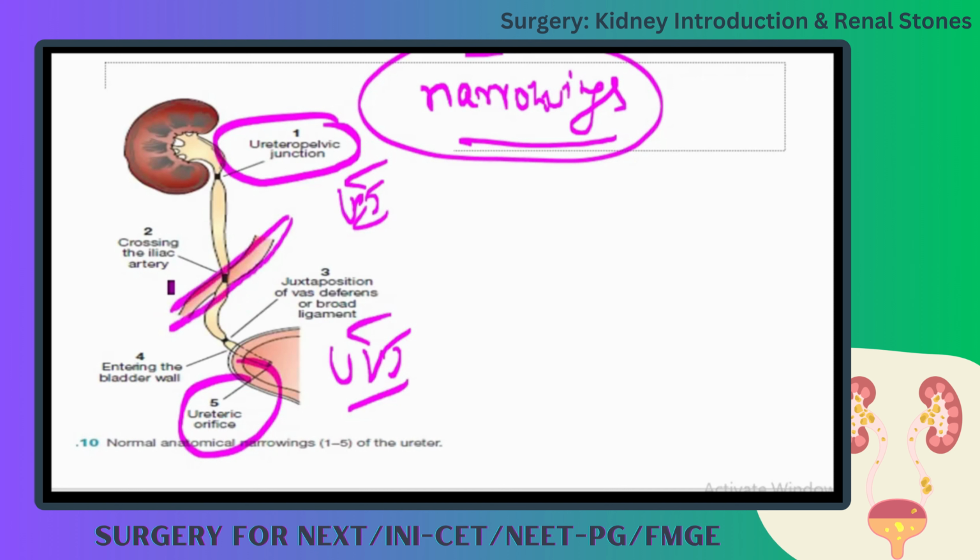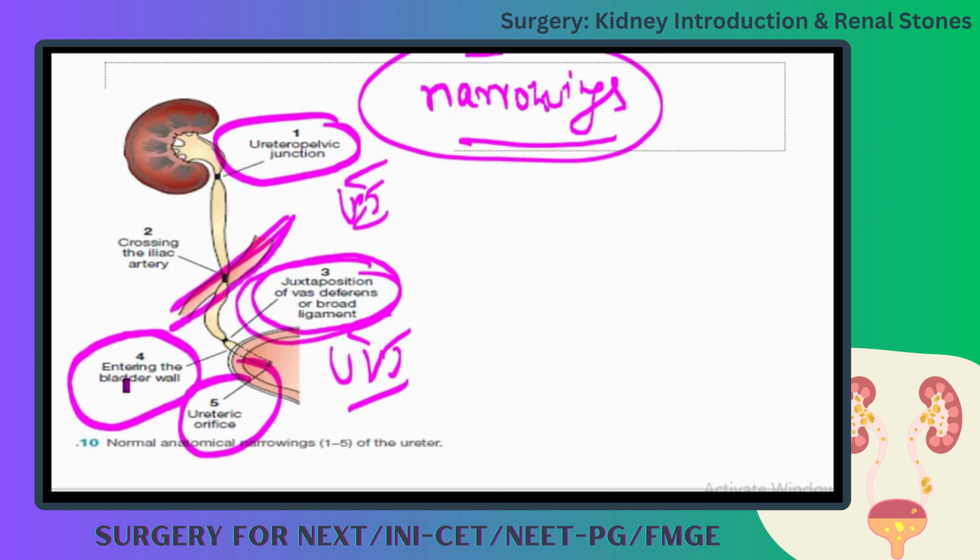Okay, so there will be narrowing there. Then juxtaposition of vas deferens or broad ligament, vas deferens in males and broad ligament in females. There also there will be narrowing. And finally, while entering the bladder wall also, it will be narrow. These are the 5 anatomical narrowings where the stones are more prone to get lodged.